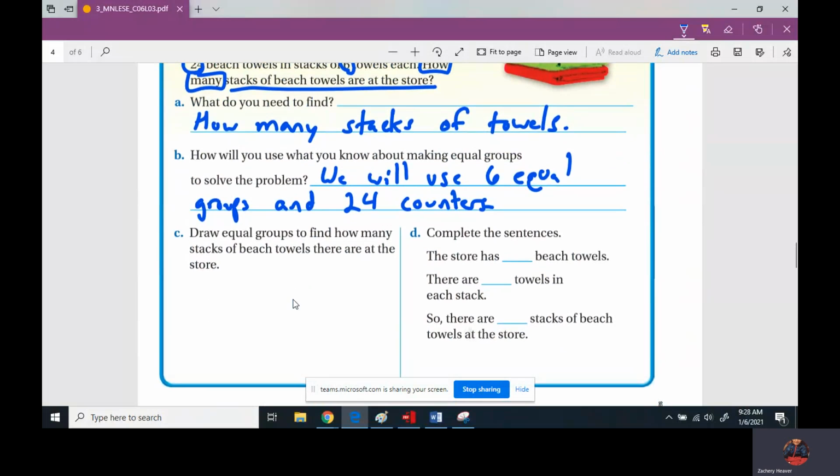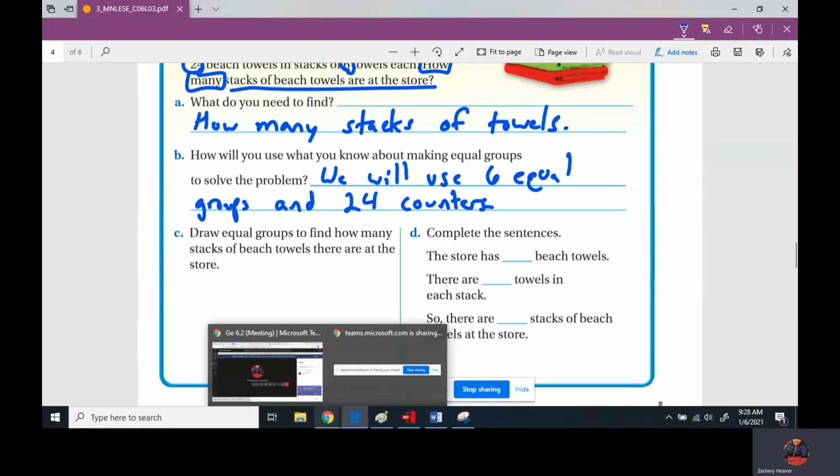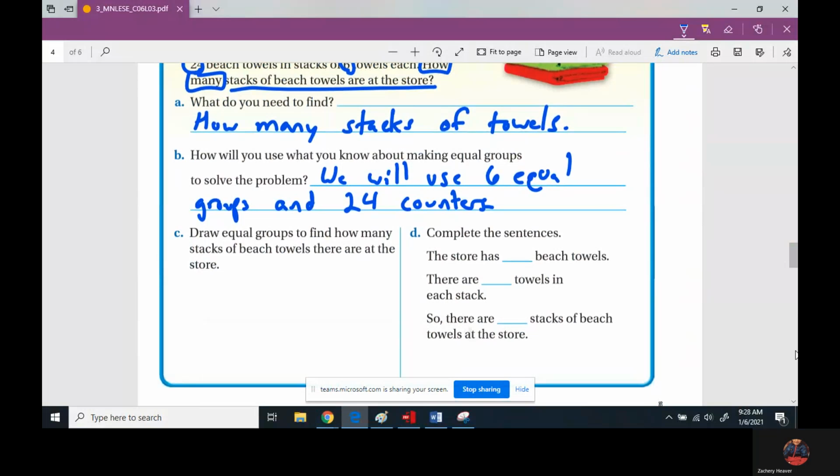It says draw equal groups to find. So we know we have 6 equal groups. And now I'm going to count to 24.